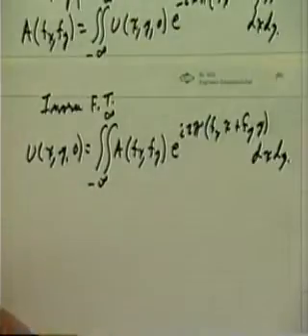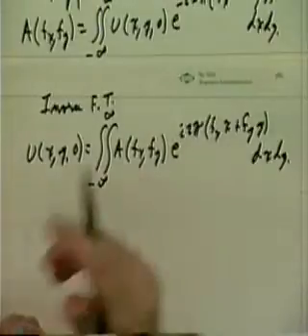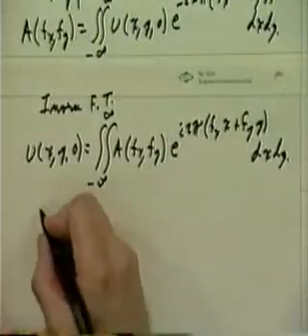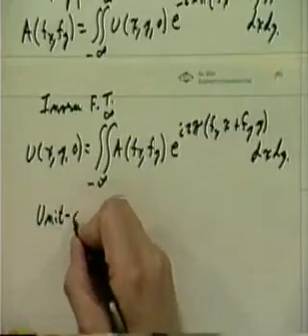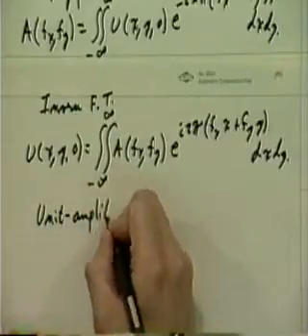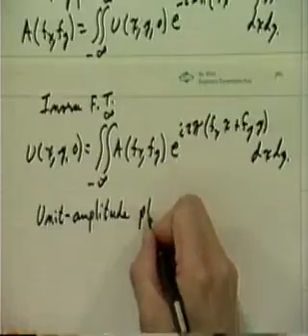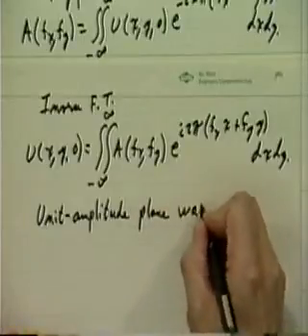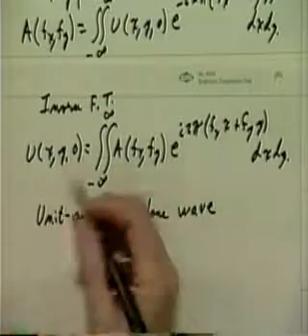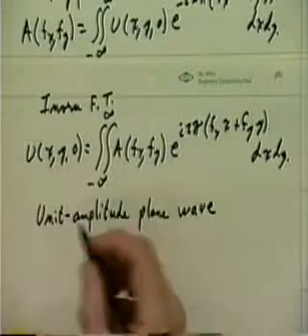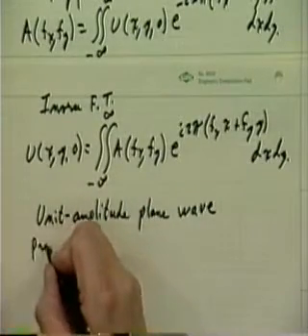The next thing we could say is, let's say we have a plane wave propagating along, and to make life simple, make it a unit amplitude plane wave. And let's say it's propagating with some direction cosines alpha, beta, and gamma.